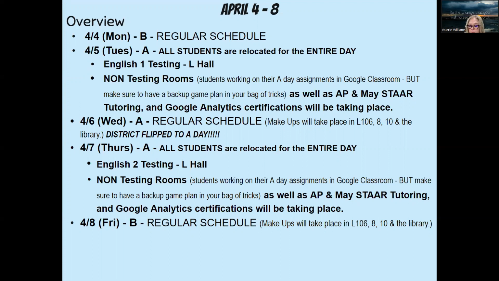In non-testing rooms, could be an AD assignment in Google Classroom. Make sure that you have a backup plan in your bag of tricks, because if a student is not engaged, we need them engaged that day. So also there's AP and May STAAR tutoring, and Google Analytics certifications will also be taking place with some seniors.